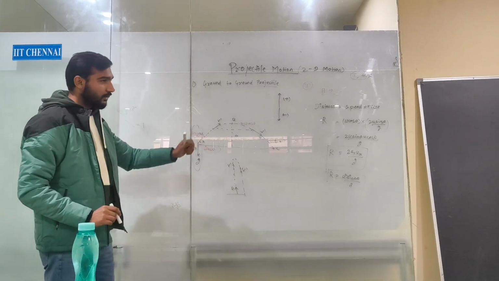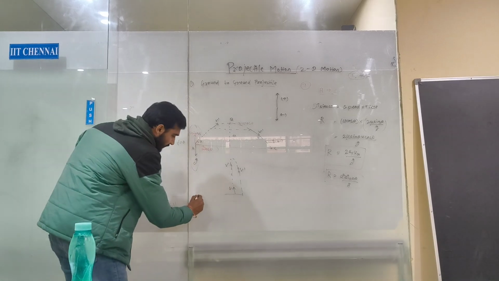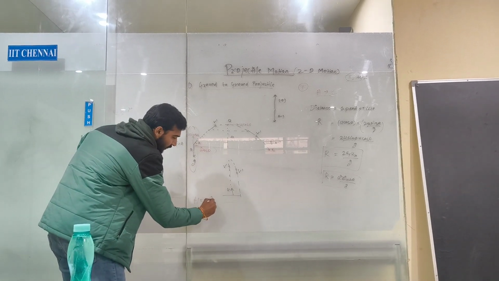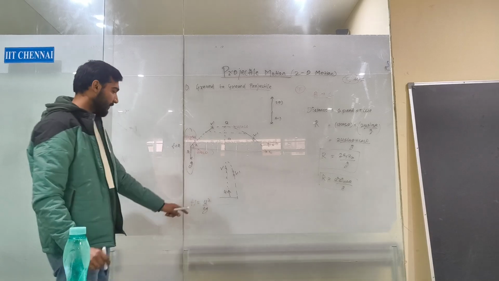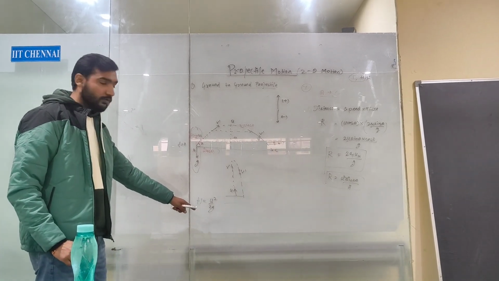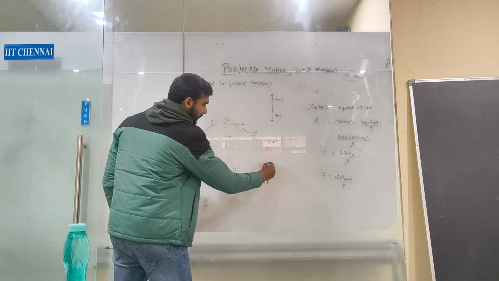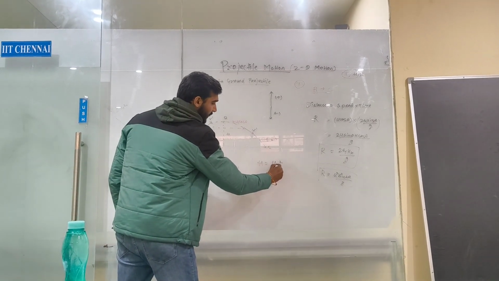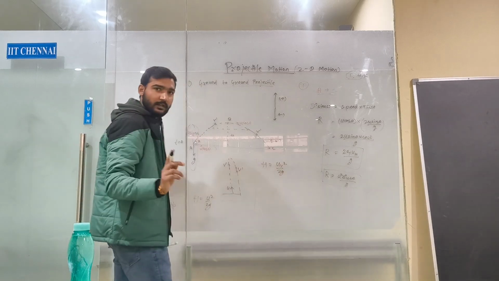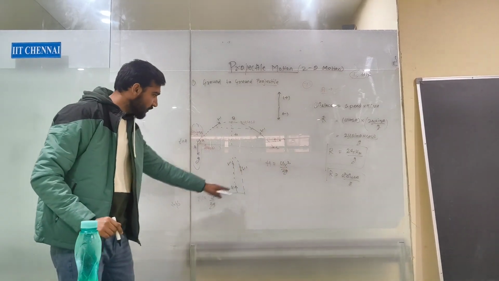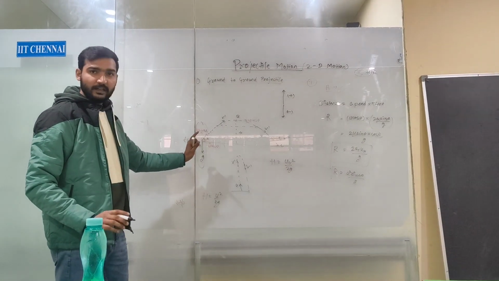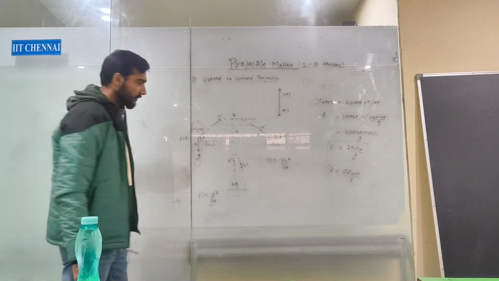Now relate the formulas. Here we have found the maximum height u square by 2g. And in projectile motion, what we have seen is h equals uy square by 2g. So what is the difference? This is u, this is u sin theta. Similar formulas.